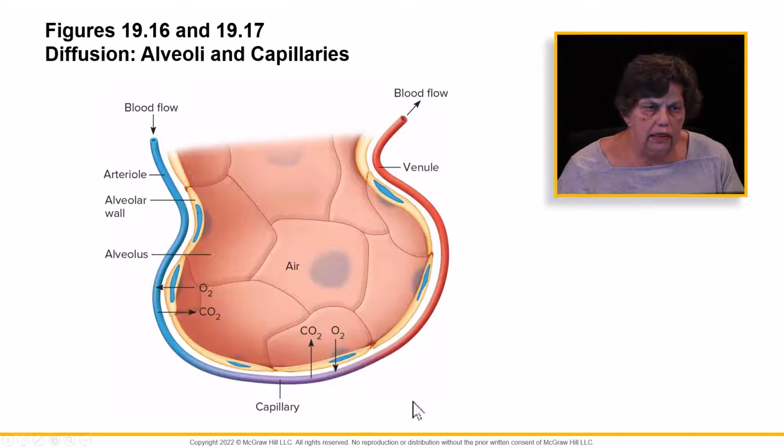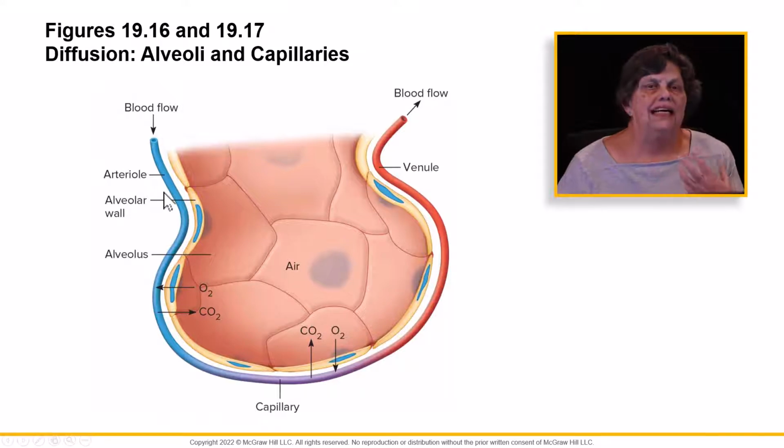So we're looking at this alveoli. There is the actual blood flow coming in here, venous side, because it's low in oxygen. This is actually an artery, but you can think of it this way. This is an arterial, and this is a venule. Again, pulmonary circulation is opposite everything else.